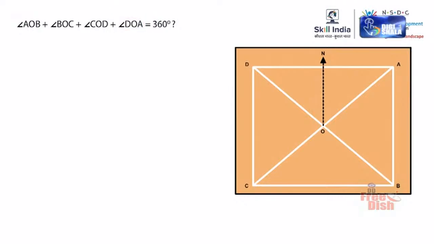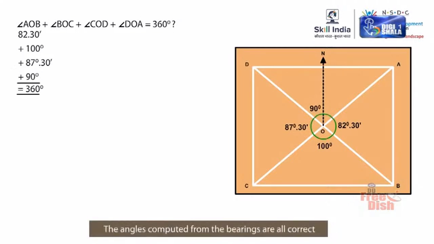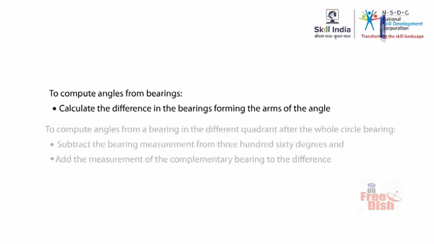This is equal to 82 degrees, 30 minutes plus 100 degrees plus 87 degrees, 30 minutes plus 90 degrees. As this sum is equal to 360 degrees, we can say that the angles computed from the bearings are all correct. So remember, this is the procedure for computation of angles from bearings.